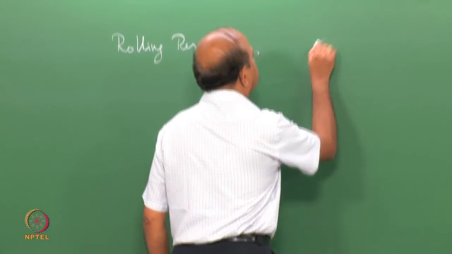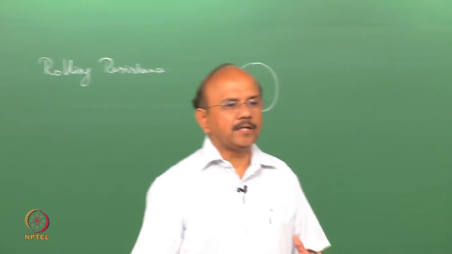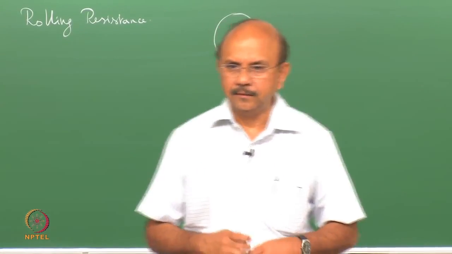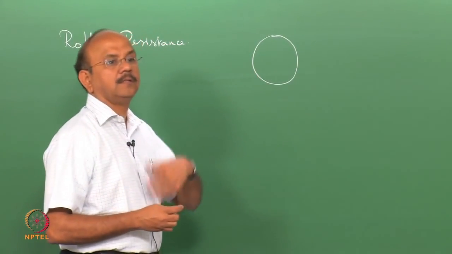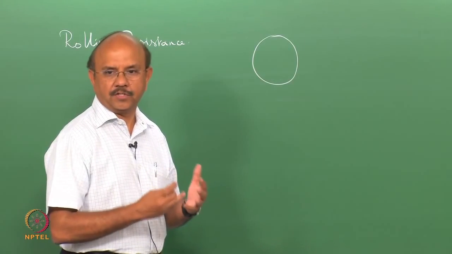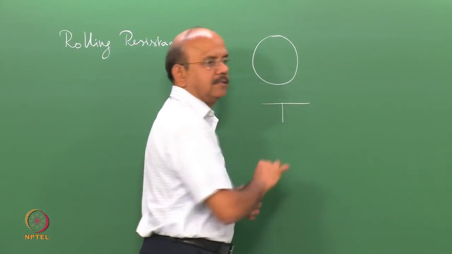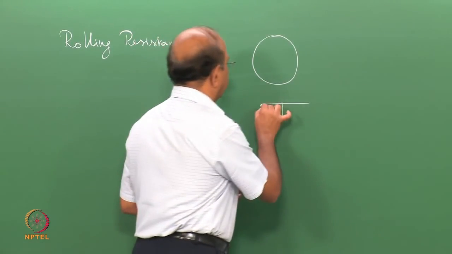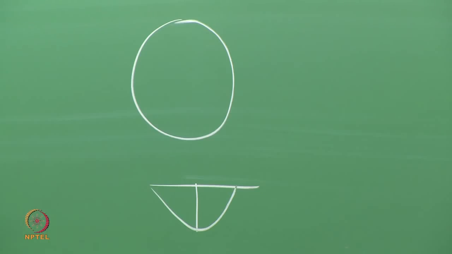Now, let us come back to this topic of rolling resistance. We said that the rolling resistance is due to viscoelasticity, and that it also results in an unsymmetric pressure distribution. When the tire is stationary, it has to be a symmetric pressure distribution where a number of tread blocks are involved.